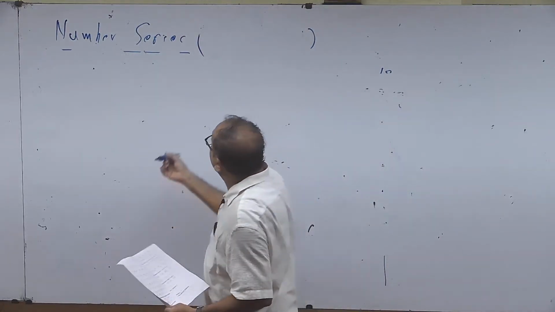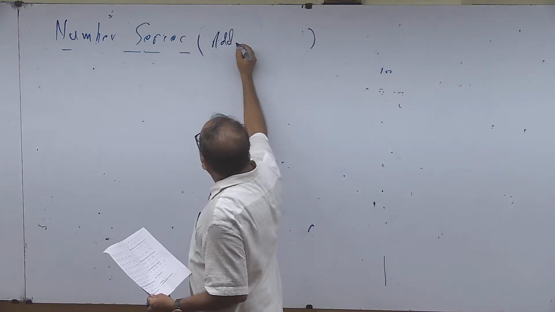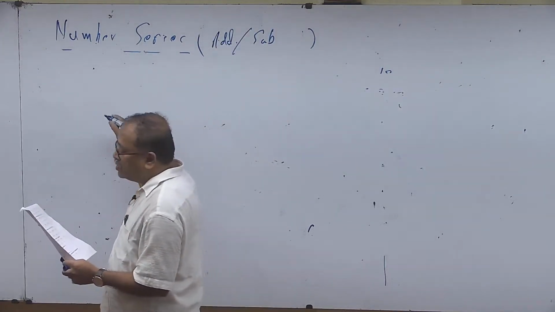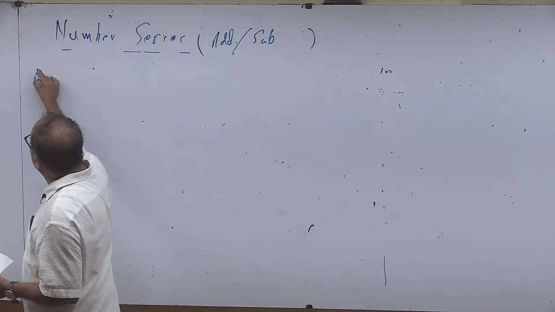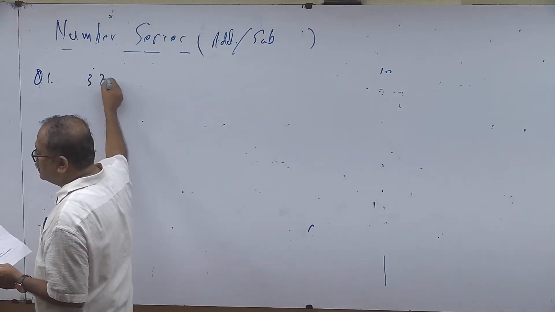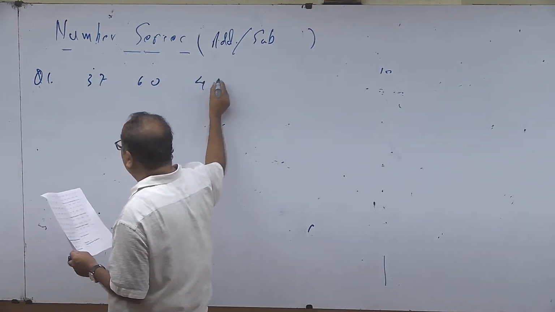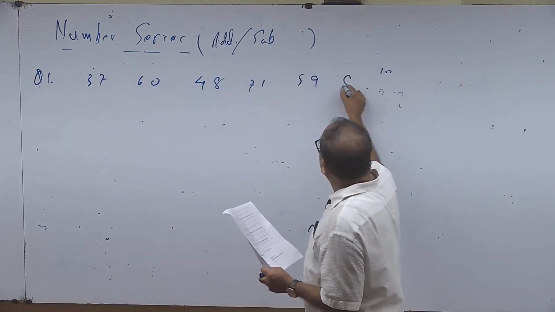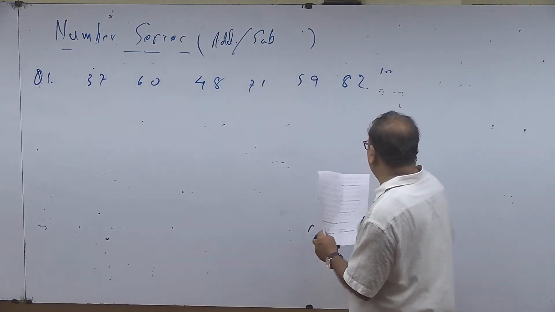That's addition and subtraction. Let's take only two questions from here, that is 37, 60, 48, 71, 59, 82, and what should be the next one?